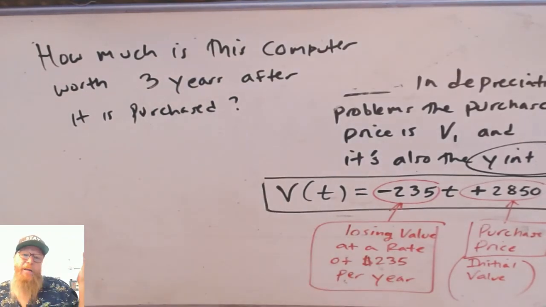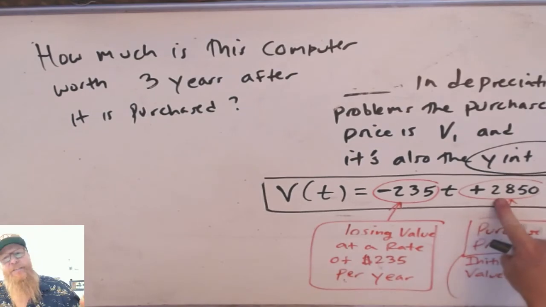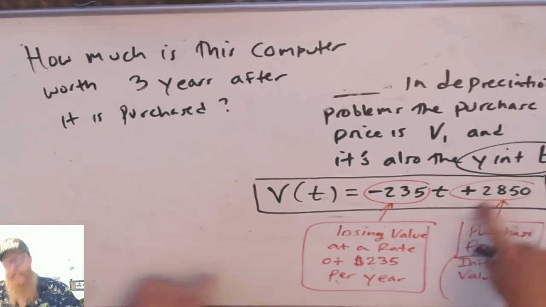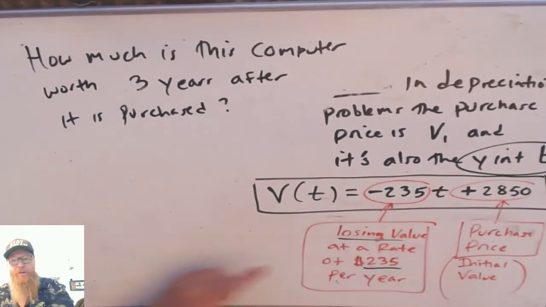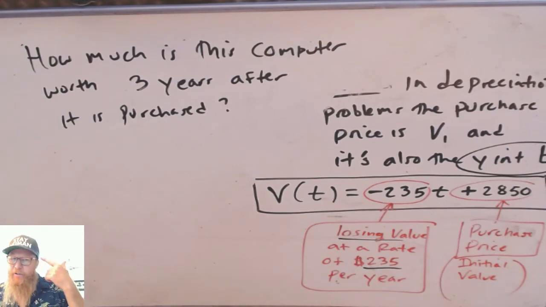Well, there's a couple ways to do it. Some folks just do this with mental math. They purchased it at $2850. It's losing value $235 a year. So using mental math, just subtract 235 3 times, and that should tell you the new value.